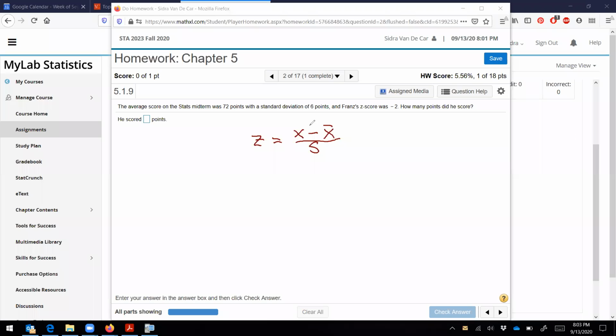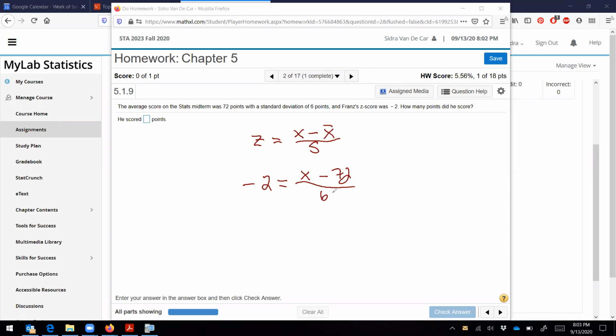I'm plugging into this formula. I know my z-score was -2, so I'm going to put the -2 here. I don't know what the score is, that's what we're solving for. Minus the mean, which is 72 because it says the average score was 72, over our standard deviation of 6 points.